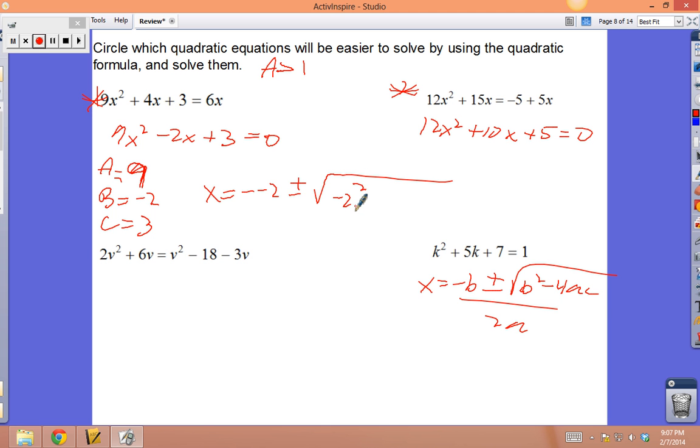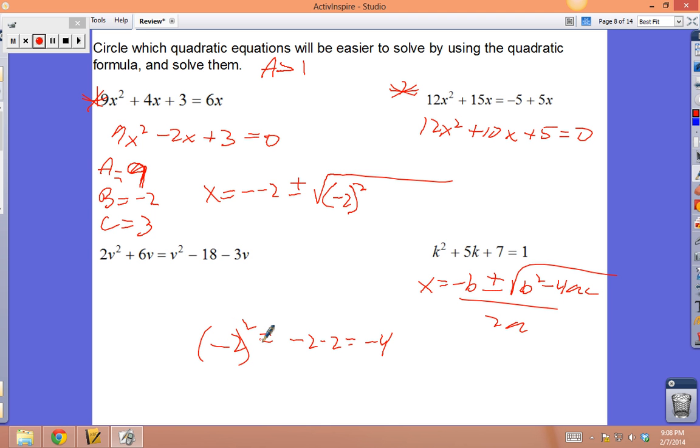Now right here, if you do this in your head, you're going to be safe. But if you let the calculator do it, you will get an incorrect result unless you put this in parentheses. Because if you punch in negative 2 squared on the calculator, it's only squaring the 2. So it's going to give you a negative 4. But for a negative 2 squared, you got to square the negative also.